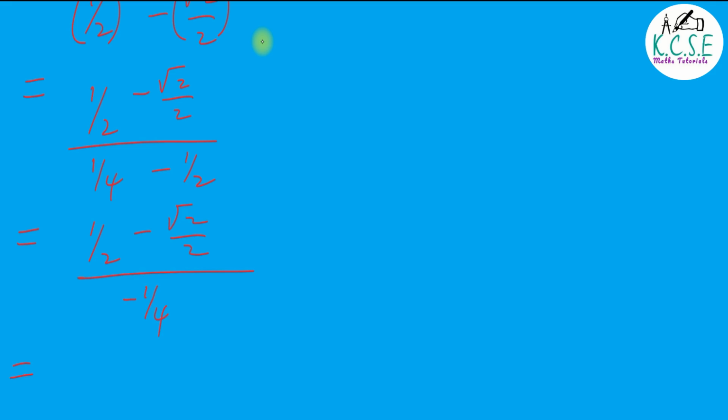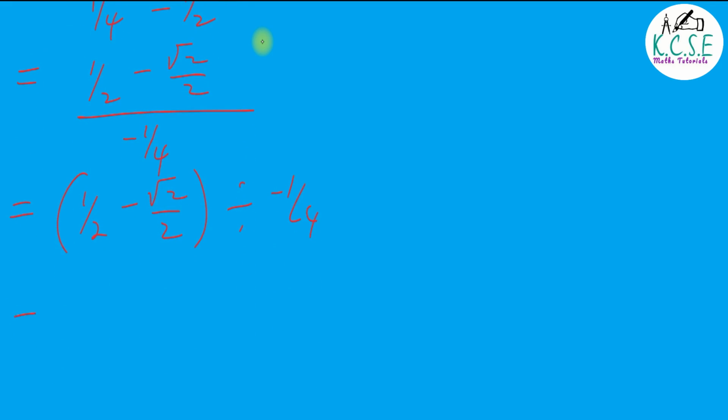So we are almost finishing. We have a half minus root 2 divided by 2, everything divided by negative a quarter. We can factor out a half in the numerator, giving 1 minus root 2. This is the easiest way.